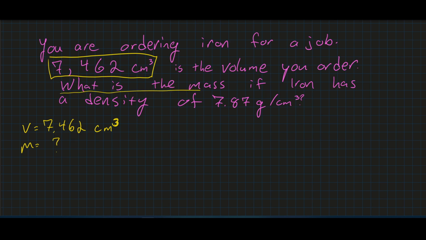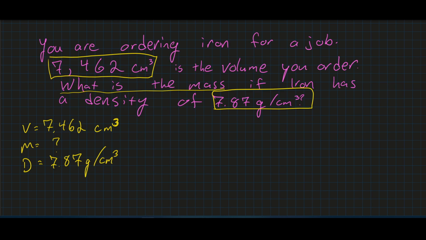We're trying to solve for the mass. I always want to try to find out what you're trying to solve for early on so you know what you're working towards. And our density is 7.87 grams per centimeters cubed.